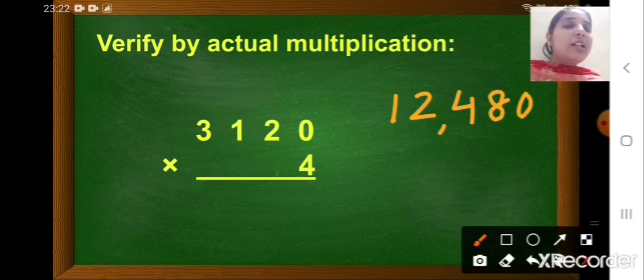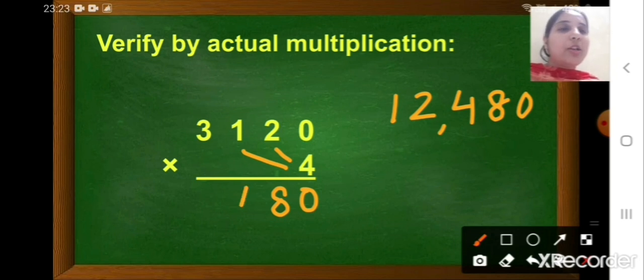So let's start multiplying 3,120 multiplied by 4. So 0 fours are 0. Now we'll multiply this 2 by 4. So 4 twos are 8. Now 4 ones are 4. And then 4 threes are 12.